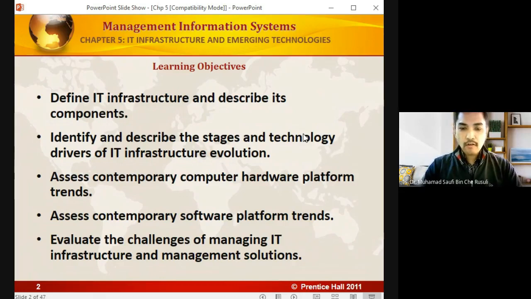So there is a lot of IT infrastructure that has evolved, and they are using current technology to speed up almost everything, including transactions and services. They want to beat time.